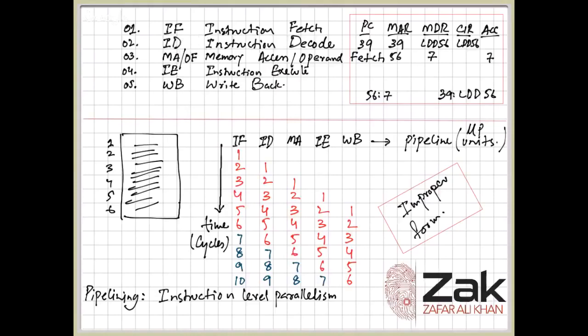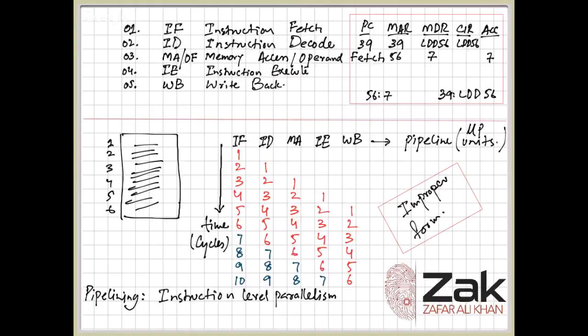Memory access means, let's say if it is LDD 200, what does that mean? Load directly from address 200. So this is the memory fetch part, or operand. Memory address is operand. Then instruction execute part and write back.